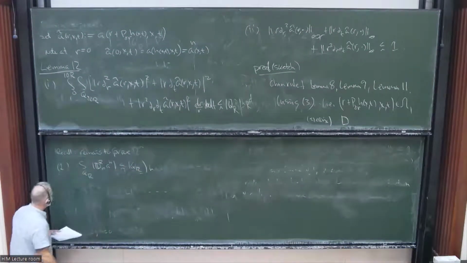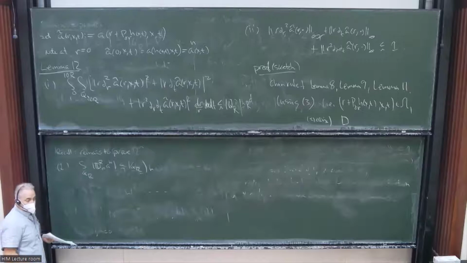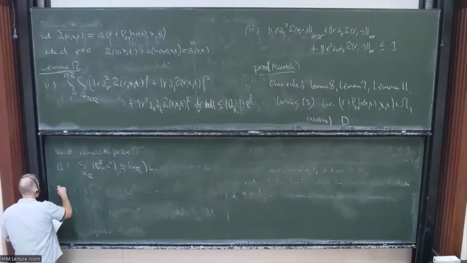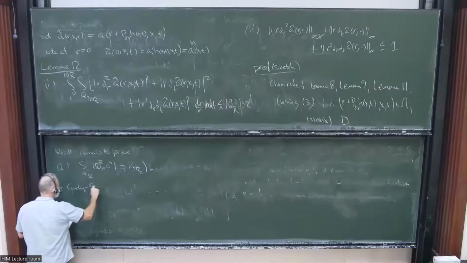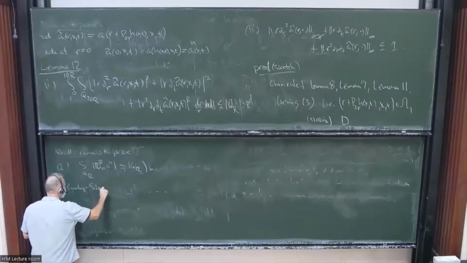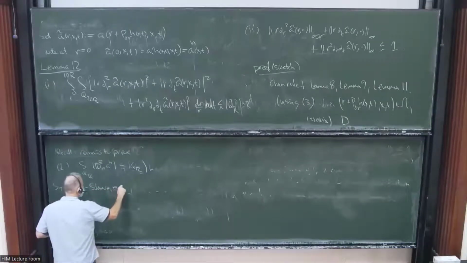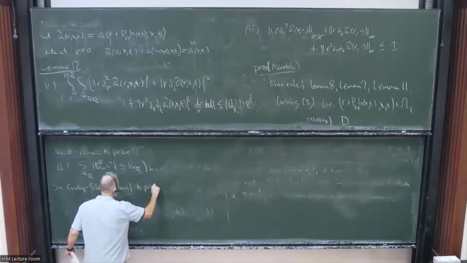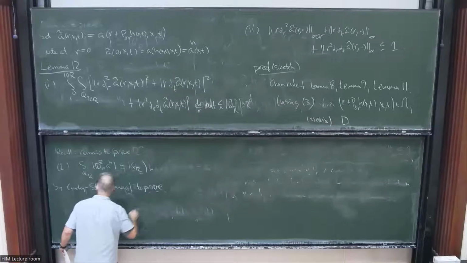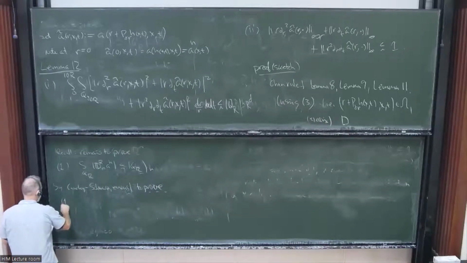So, of course, then trivially by Cauchy-Schwarz or Jensen's inequality, it's enough to prove an L2 version, which I'll call maybe 1 prime.